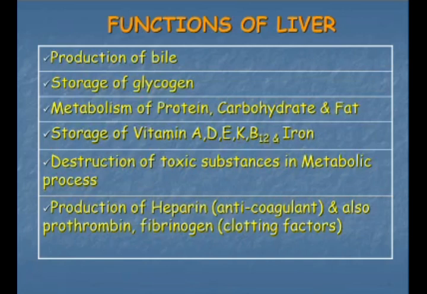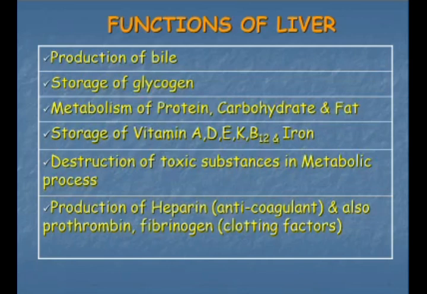Liver also produces proteins called prothrombin and fibrinogen. These prothrombin and fibrinogen help in blood clotting, and they are clotting factors. So friends, we have seen the different functions of liver.